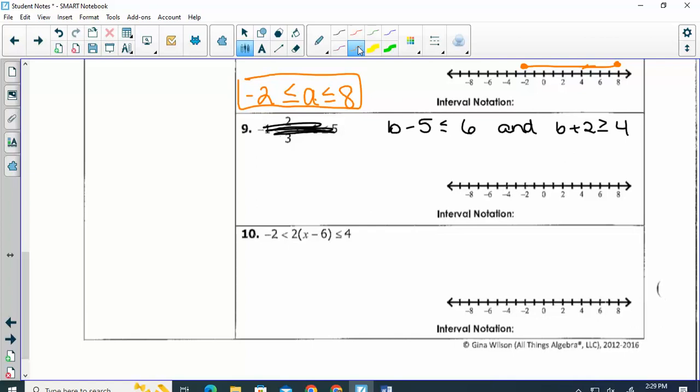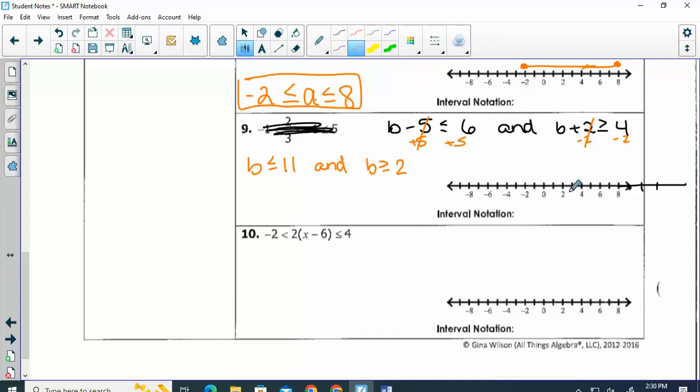So we start by adding our 5. So b is less than or equal to 11. And then this one, subtract your 2. So b is greater than or equal to 2. Alright, so my graph wasn't big enough. We can extend it. Okay, less than or equal to 11.